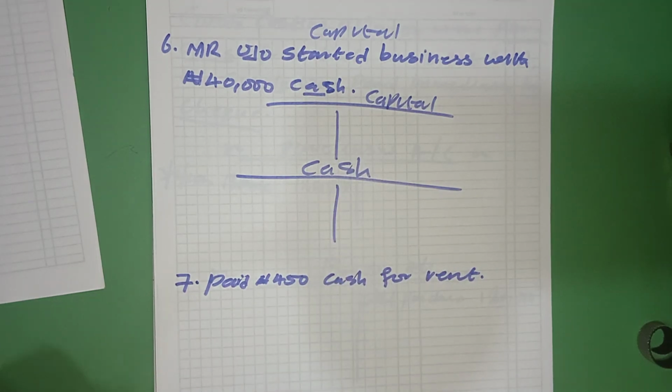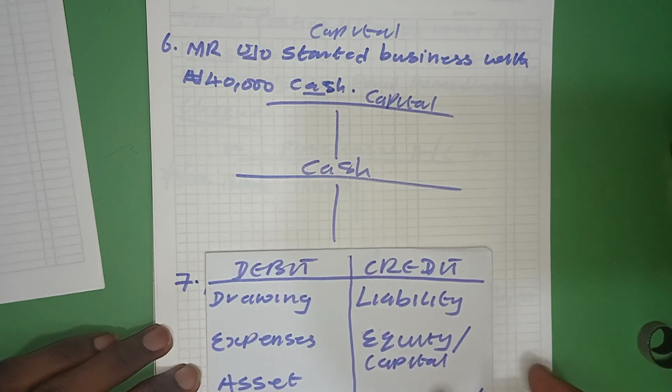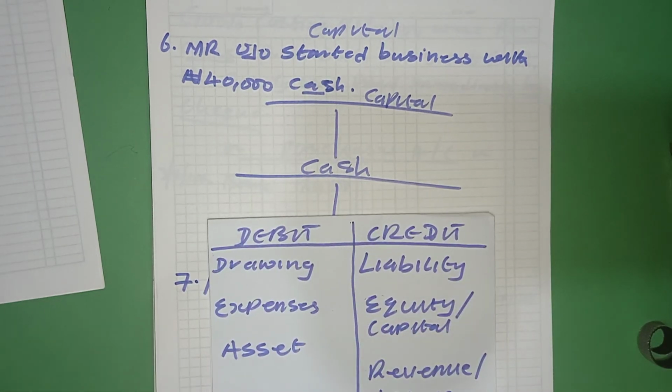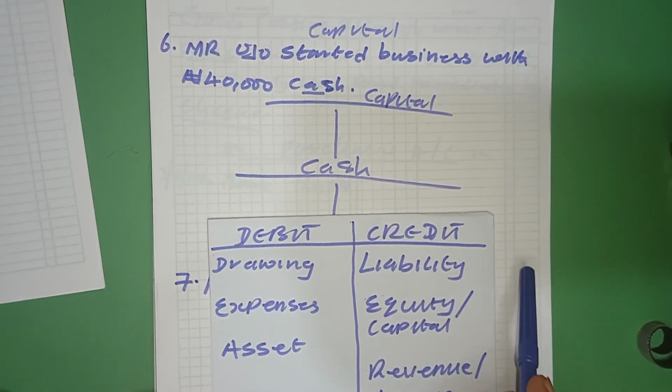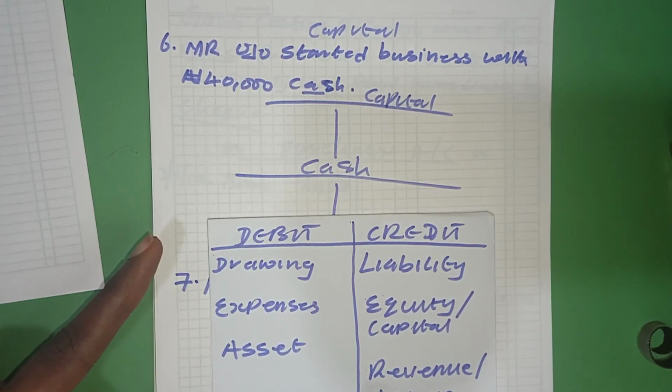Now, when you check here, where is our capital? It's on the credit side. For our capital to be on the credit side, our cash has to come to the debit side. Why? Because when you pump money into a business, the cash increases because external money is coming into that business.